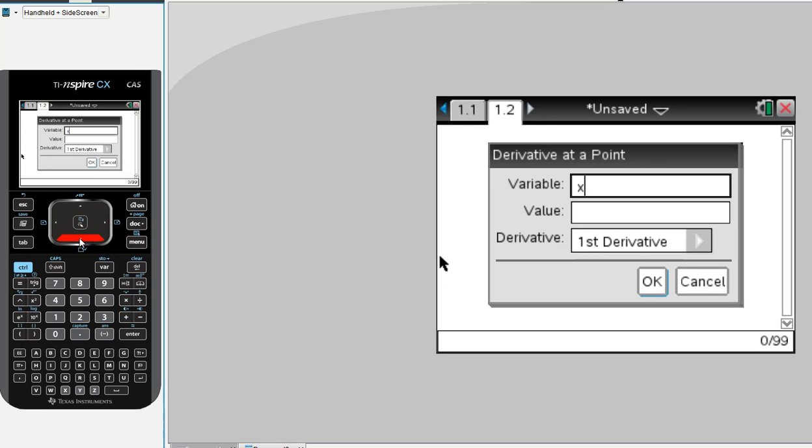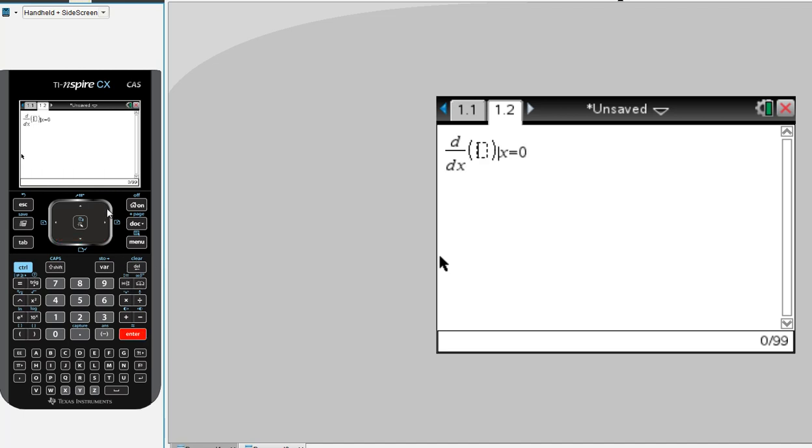Variable is x, where x is equal to 0, and the first derivative. And then we just enter the function here inside this expression. So the first function is f1 of x.